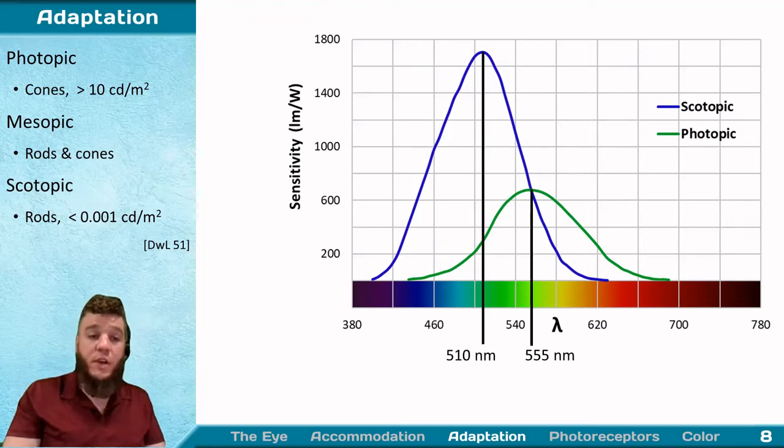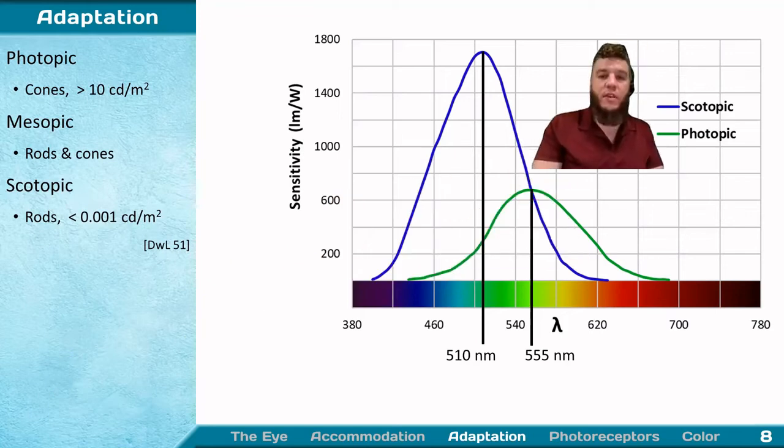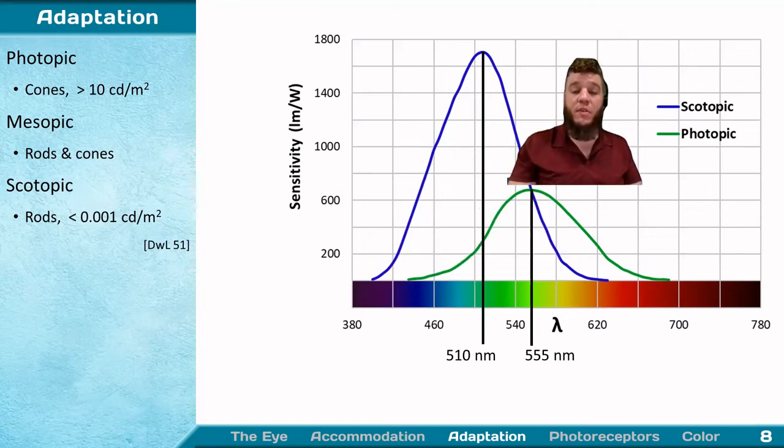A couple of important features of this plot here is the peak spectral sensitivities of these different systems. So you can see over here, to my left, the scotopic peak sensitivity actually occurs down at 510 nanometers, which is more of a cyan color, and your photopic spectral sensitivity peaks at 555 nanometers, which is more of a green color.